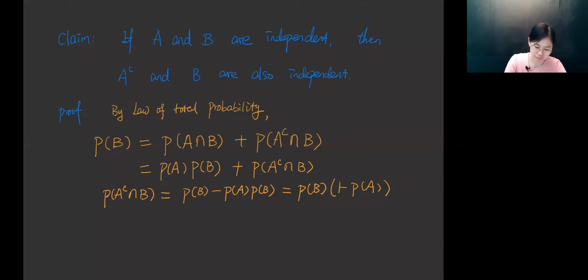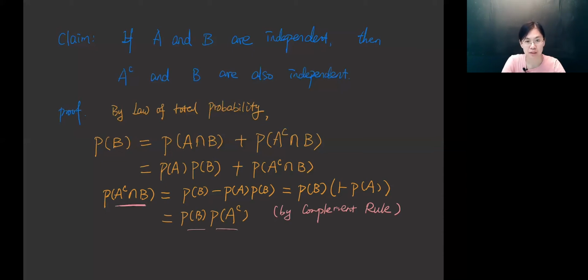By the complement rule, that equals P of A complement. So this means that the probability of A complement intersect B also satisfies the product rule, which means A complement and B are independent. Similarly, A complement and B complement are also independent.